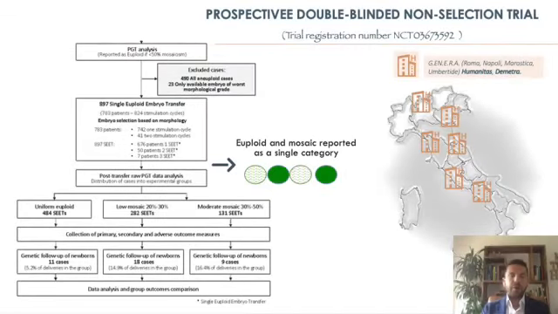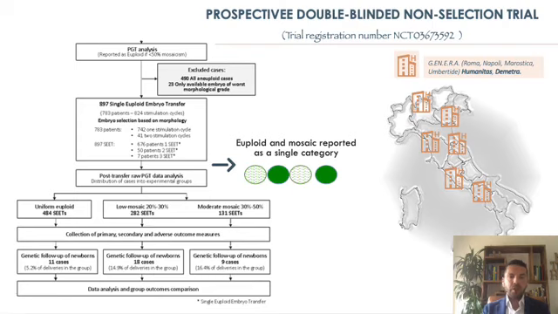So in order to avoid selection bias in the assessment of reproductive performance of putative low and medium grade mosaic embryos, we have recently completed a prospective, double-blind, non-selection trial where embryos showing low and medium grade mosaicism were blindly reported as euploid and were transferred using single embryo transfer based on standard morphological features.